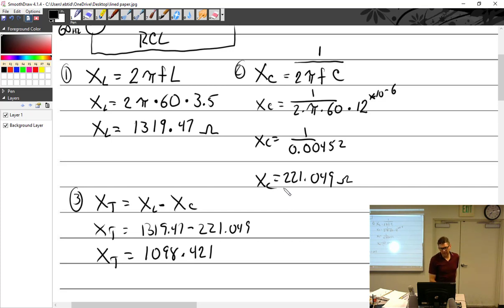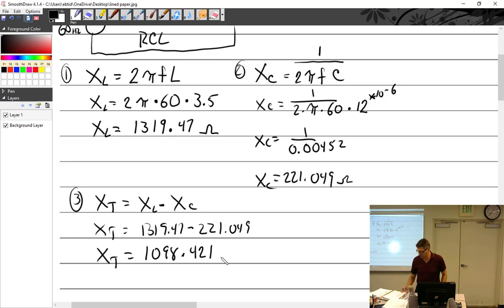All we have to do is look at X of L and X of C. Which one's bigger? That means it is inductive. Also, X total is a positive number. If X of C was larger, say 2,221, then 1319 minus 2,221 would give us a negative number, and that would mean it was more capacitive. But as it stands, it is more inductive.